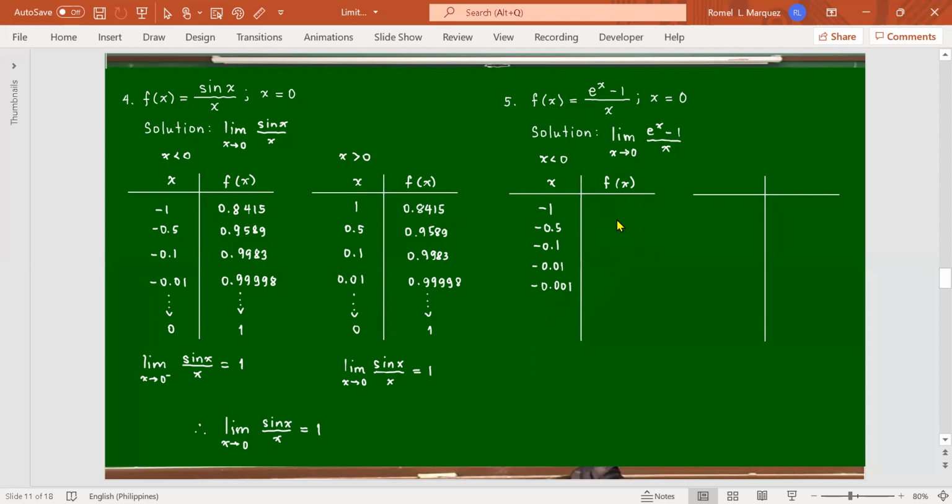So when x is negative 1, approximately 0.63212. When x is negative 0.5, we have, could you please check, guys, 0.78694.